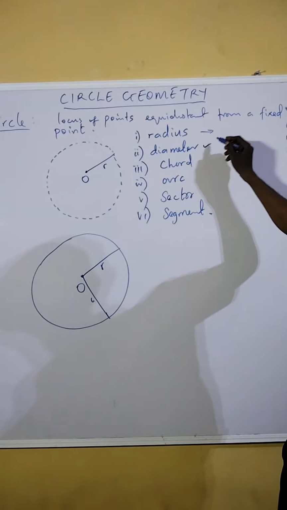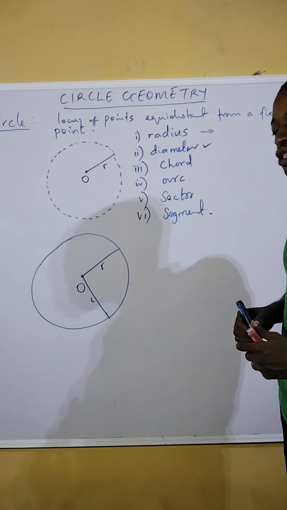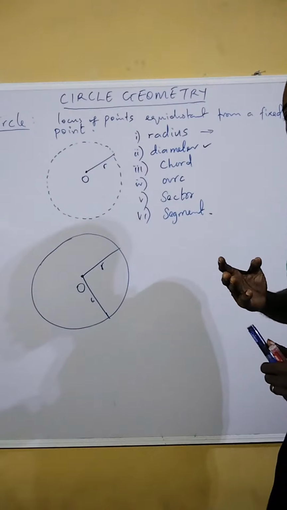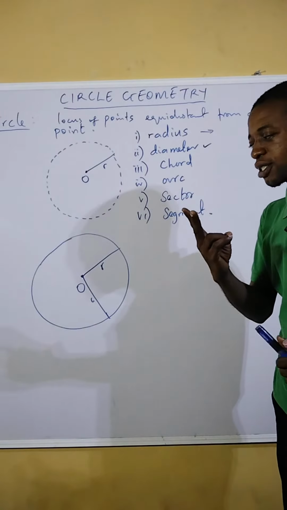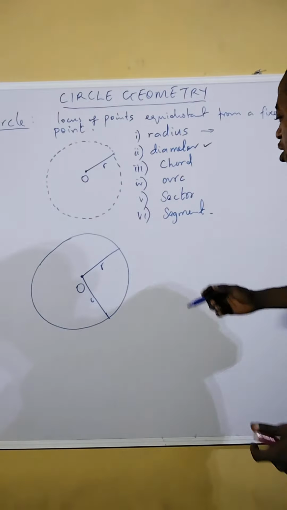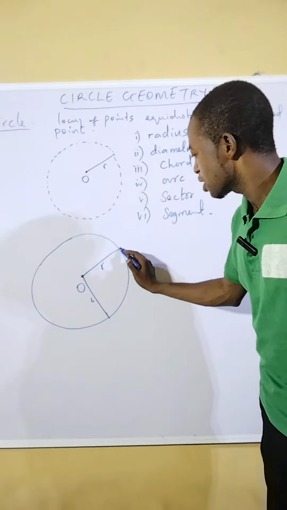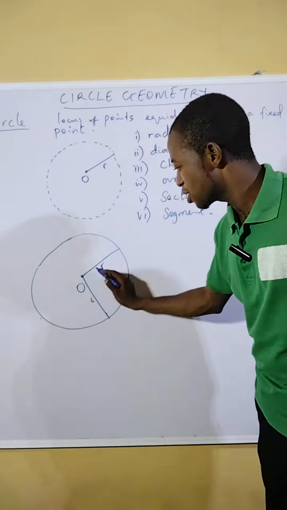Alright, and what is the diameter? The diameter is a line drawn passing through the center and touching the circumference at two sides. Now, you might decide to draw this line that will pass through the center and still touch the circumference at this side.